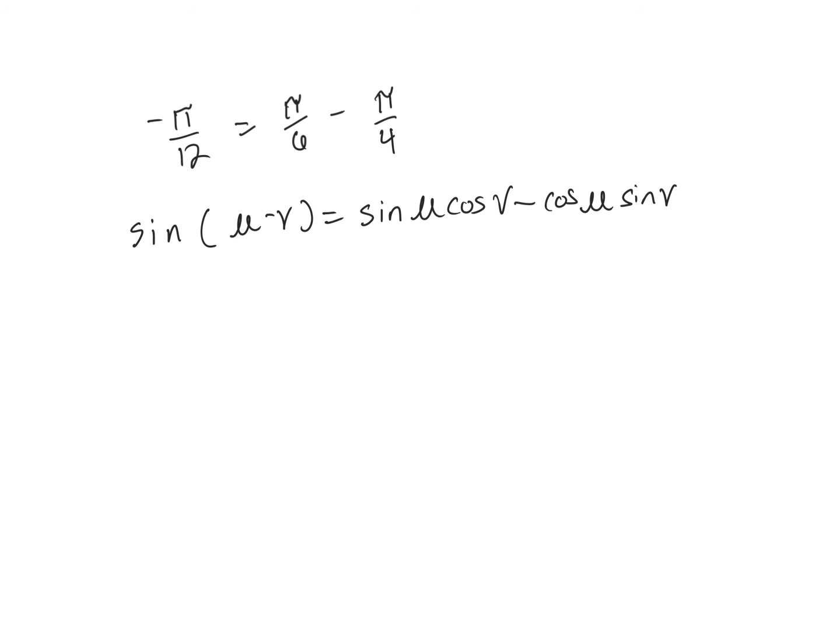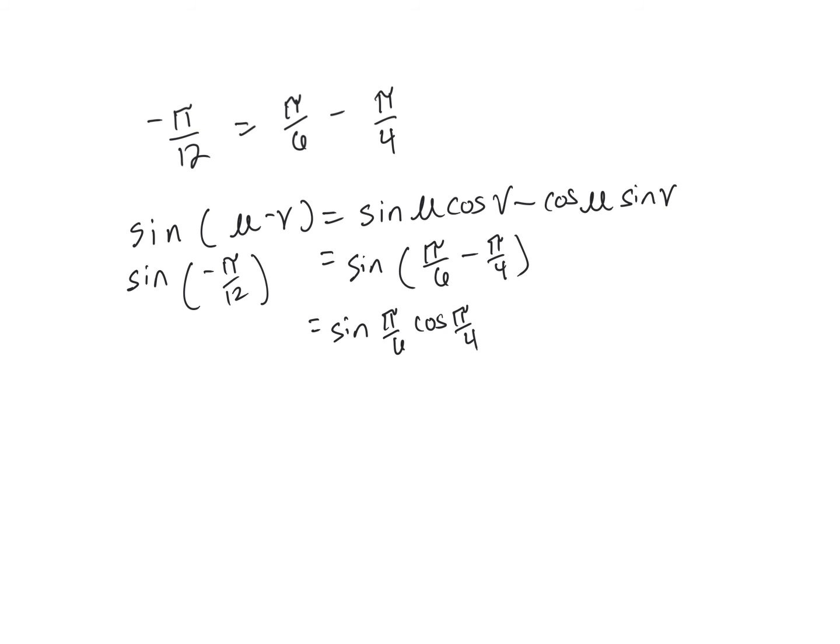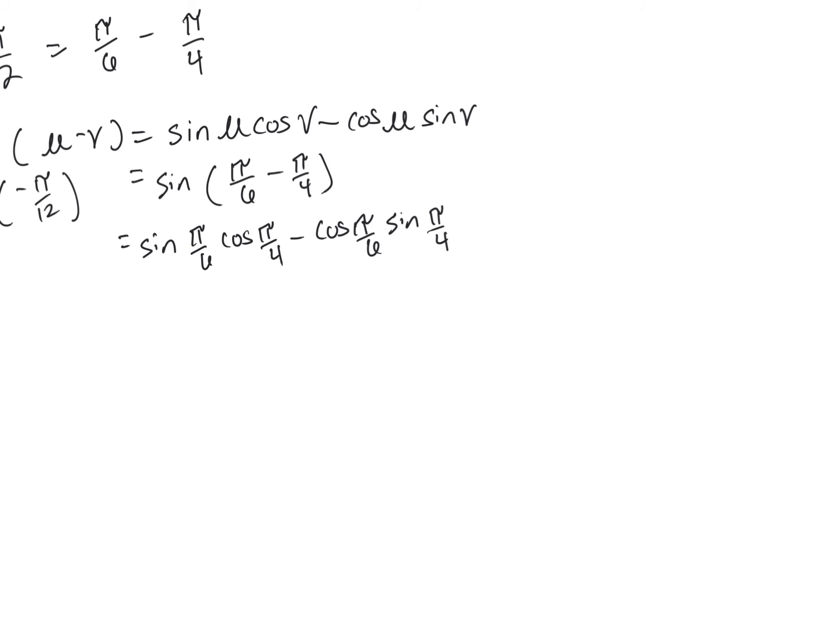That means to find our sine of negative pi over 12, we break it up to pi over 6 minus pi over 4, or 30 degrees minus 45 degrees, which is the same thing as saying sine of pi over 6 times the cosine of pi over 4 minus the cosine of pi over 6 times the sine of pi over 4. So now we just got to figure what those are and then simplify.